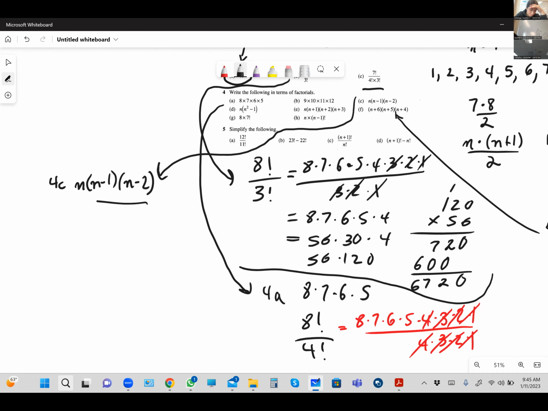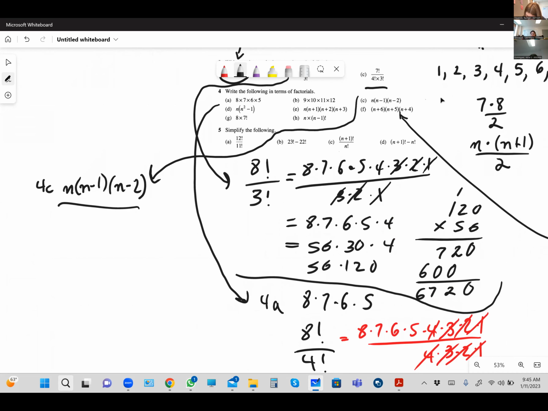What's 4C? Let me see. I'm trying to figure it out. What about the numerators, n factorial divided by n minus 3 factorial? Does that make sense, what I wrote there?